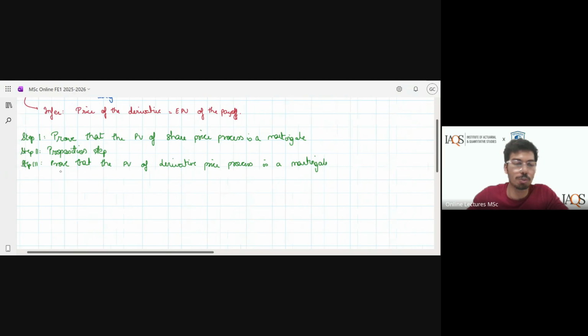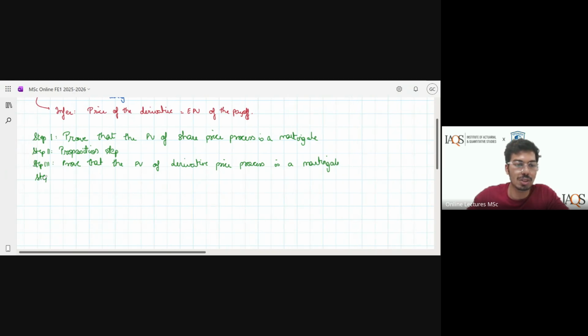I've proved two processes to be martingales. The next step is to apply the martingale representation theorem, which is also called the binomial representation theorem, which is also called the equivalent single measure. And step 5, prove the objective.